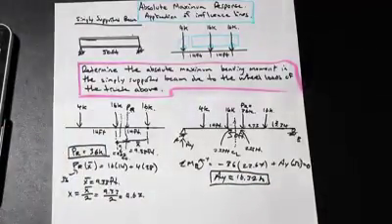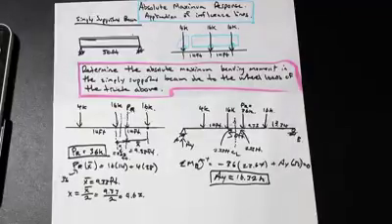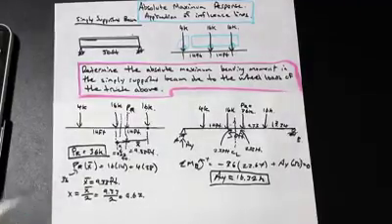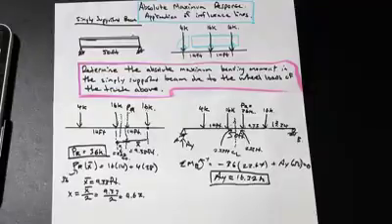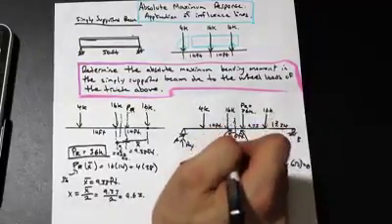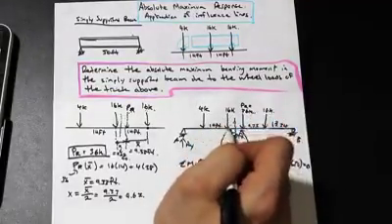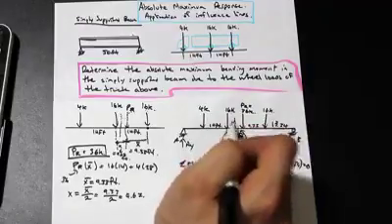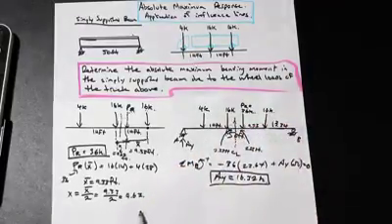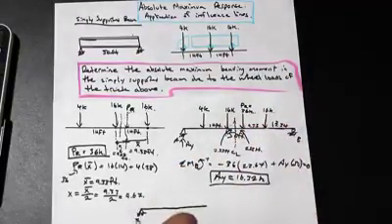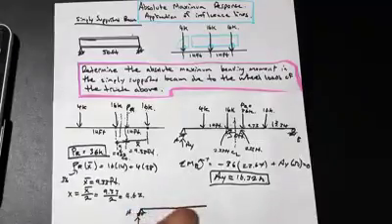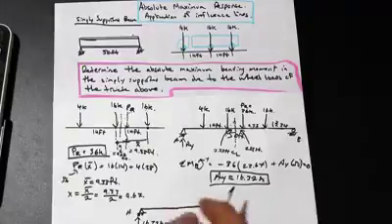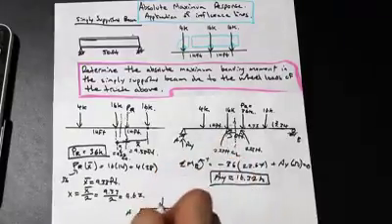The final step in this problem is to solve for the bending moment. Where does the bending moment occur? The bending moment occurs under the second load in the series, so we're going to cut the beam right here. This is A, and we found A to be 16.32 kip, and we have a 4 kip load here.